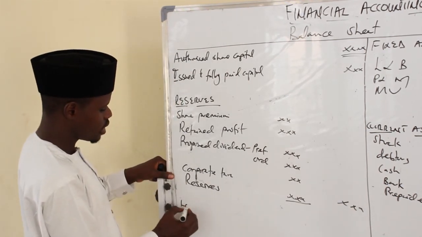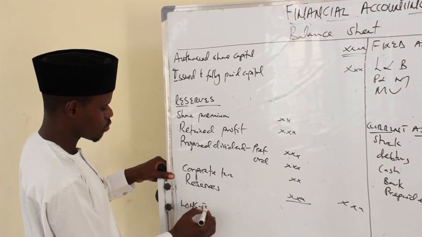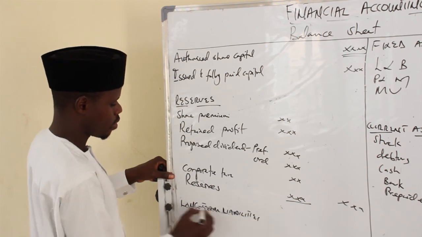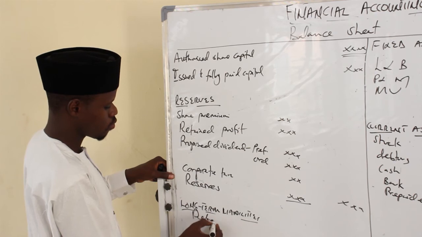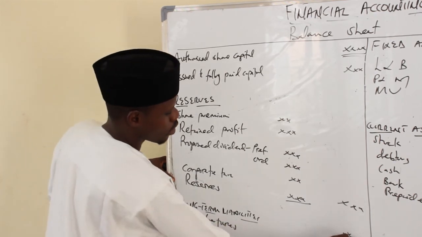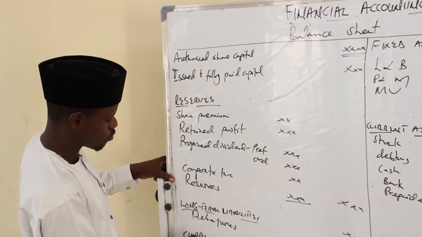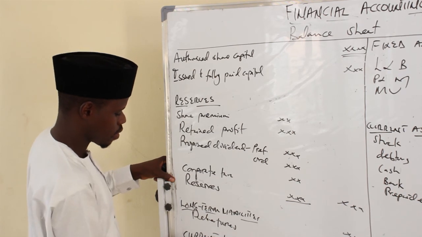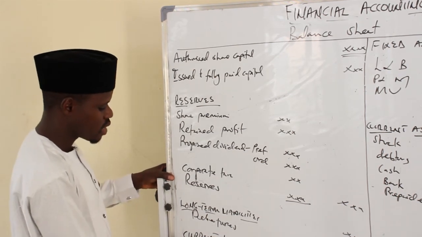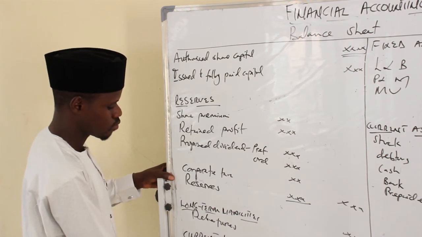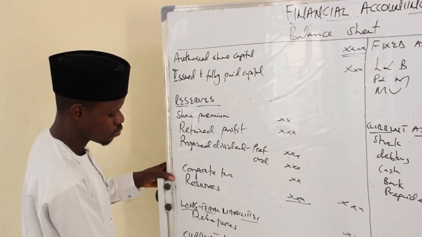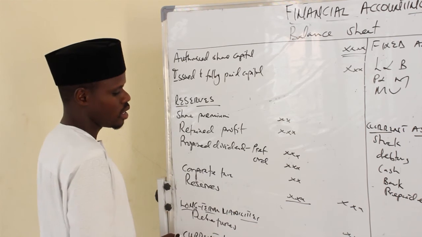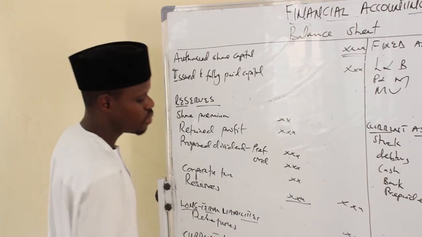Then you bring your long-term liabilities or the non-current liabilities, maybe the debenture. Then you bring your current liabilities. Examples of current liabilities are creditors, bank overdraft, accrued expenses, and bills payable.